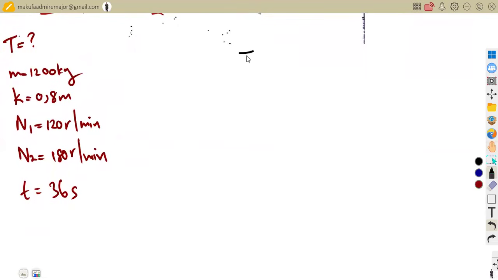As we understand, torque, which we talked about, can be given as the inertia times angular acceleration. Remember, the angular acceleration is the change in angular velocity over the change in time.